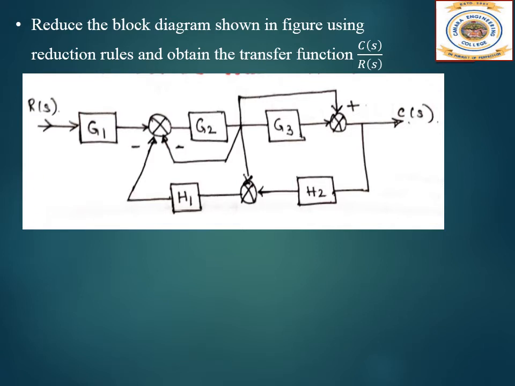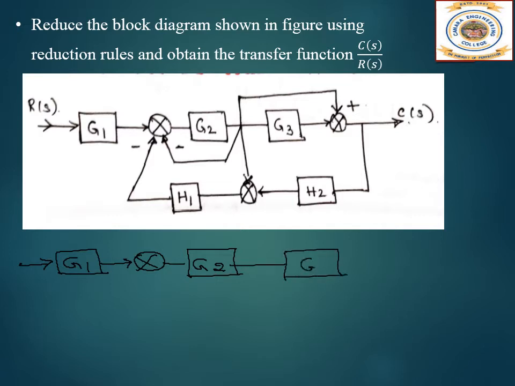So let me just rewrite the block diagram now. First let me split up the parts, then we'll simplify one by one. So this as it is G1 and this summation point, and this G2 as it is we have, and we have G3. I will do the simplification later, only after the split up of the parts. So this is what we already have over here.